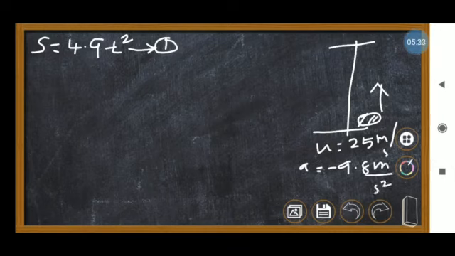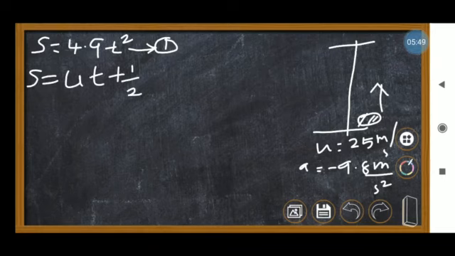And t is the time at which the two stones meet. So use the same equation for the second case, s equal to ut plus half a t square.